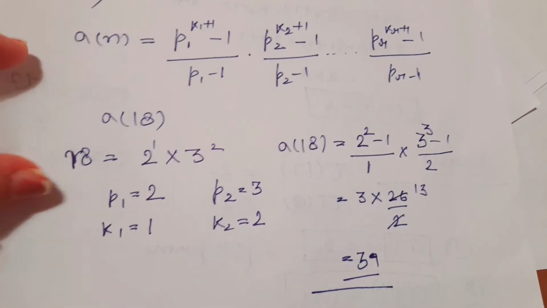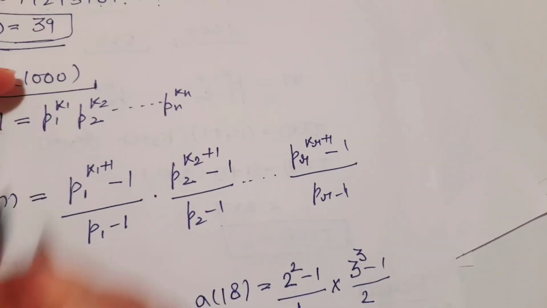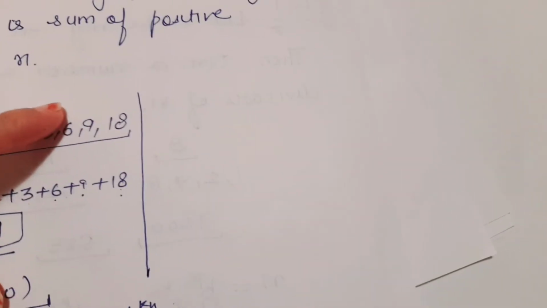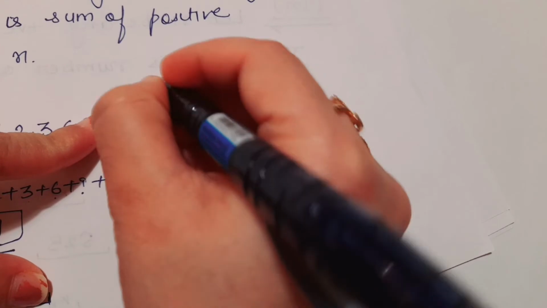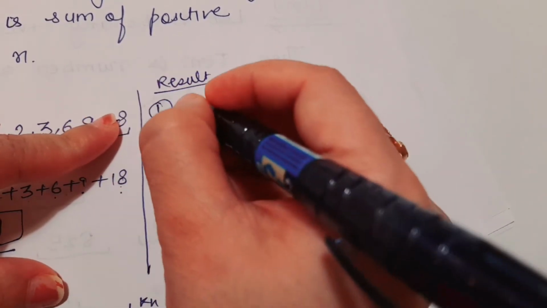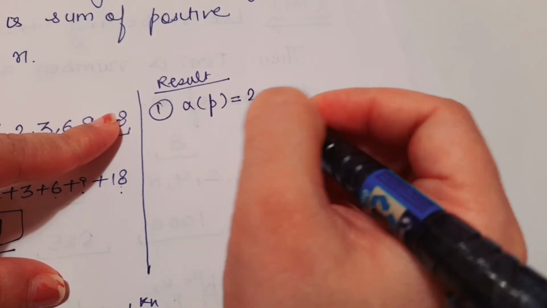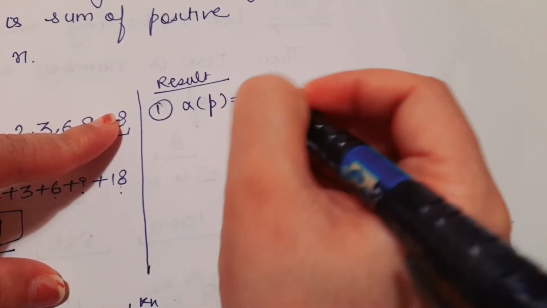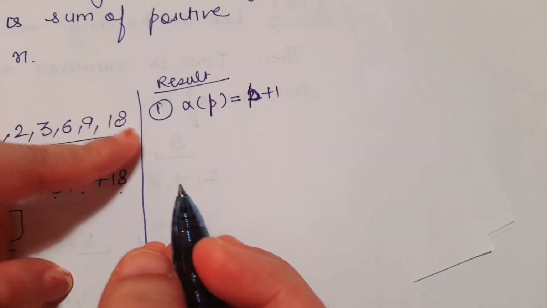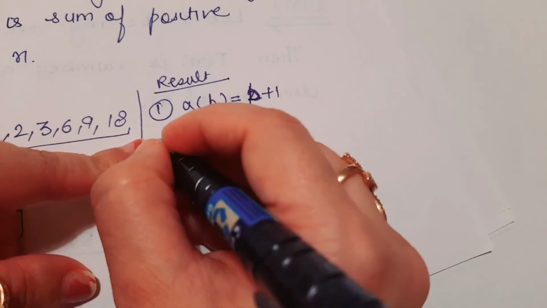Now like we saw some results on tau n, we will note some results on sigma n as well. First result: sigma of p is always equal to p plus 1, where p is a prime.